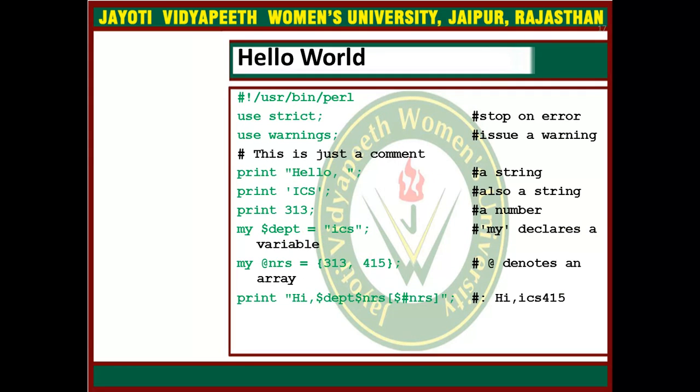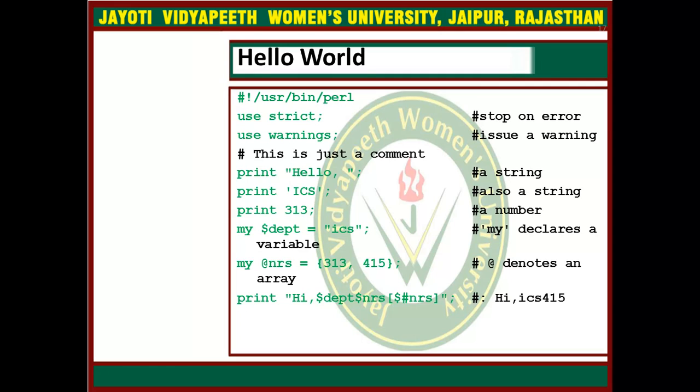If you want to print hello world, this is the structure. You have to write this code on your system like #!/usr/bin/perl, use strict, use warnings. So use strict is to stop errors, use warnings is used to issue a warning. And the next is just a comment. For comment you use hash, and if you want to print hello, then write print, and the printed statement you have to write in double quotes.